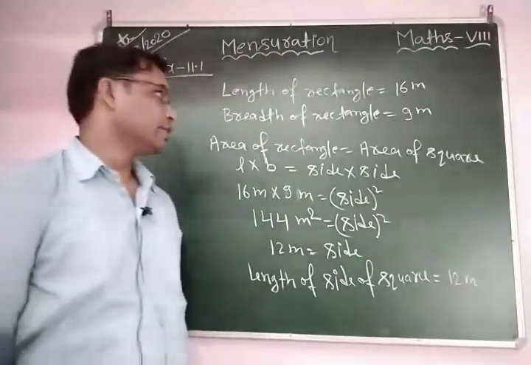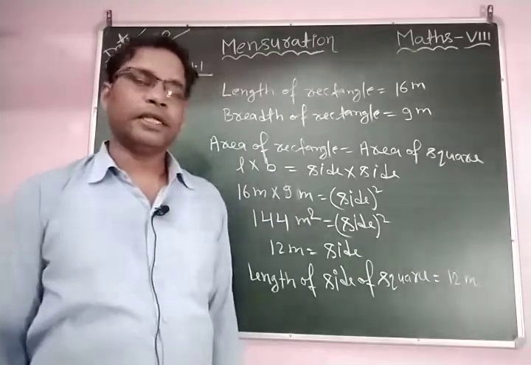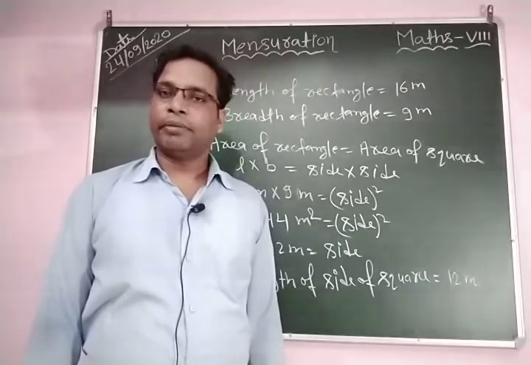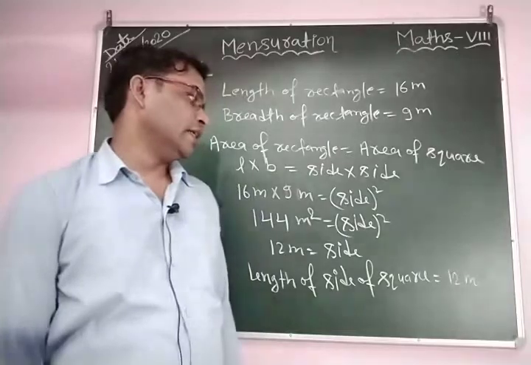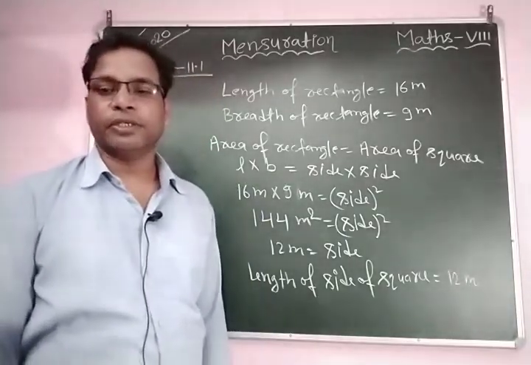Okay, in this question, the length and the breadth of the rectangle are given, and it is also told that the area of the rectangle and the area of the square are equal, then find the side of the square. So here we find the length of side of the square is equal to 12 meters.